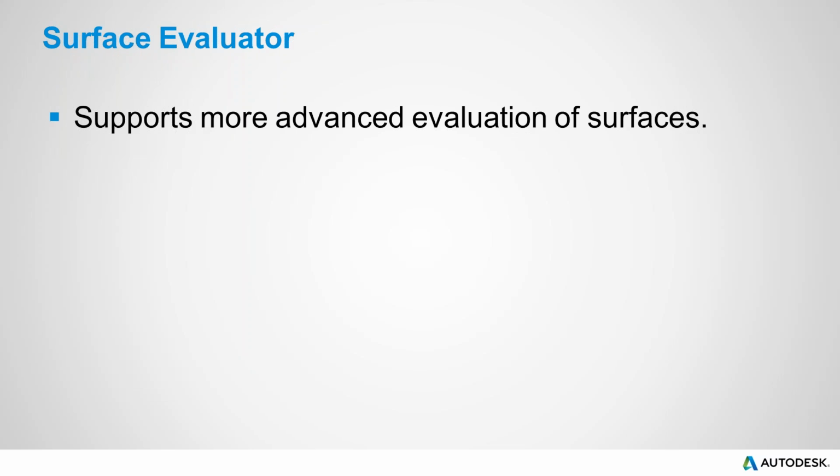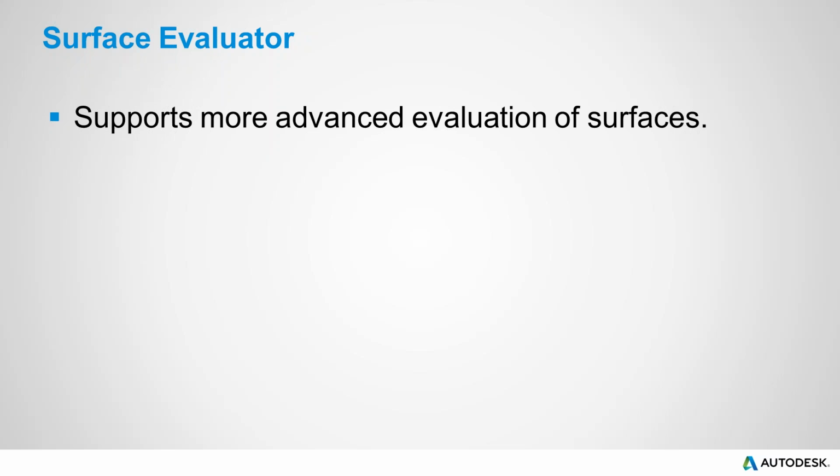All right. So there's another object referred to as the surface evaluator, and I can get one of these from a face, or I can get it from geometry too. And this lets me do more advanced evaluation of surfaces.